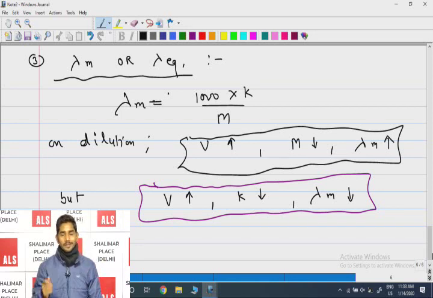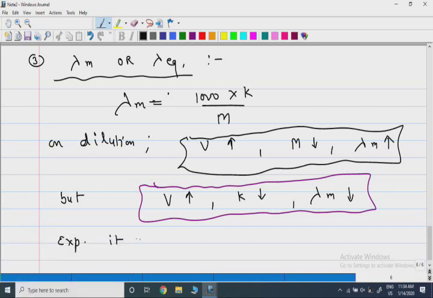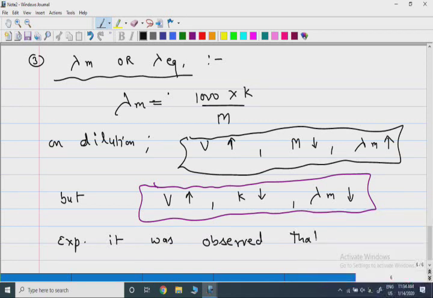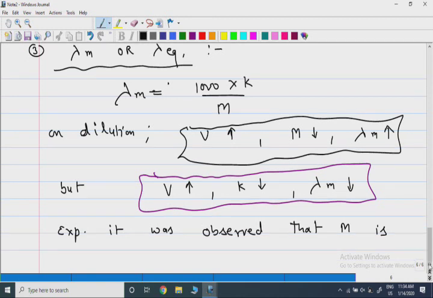So I decide lambda m should increase with dilution. I can say that experimentally it was observed that M is the dominating factor.